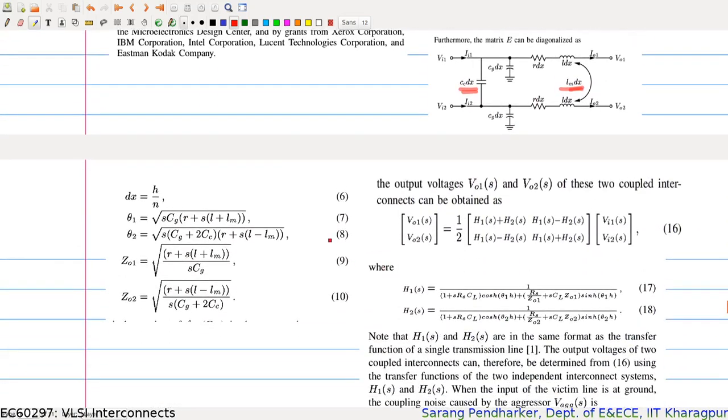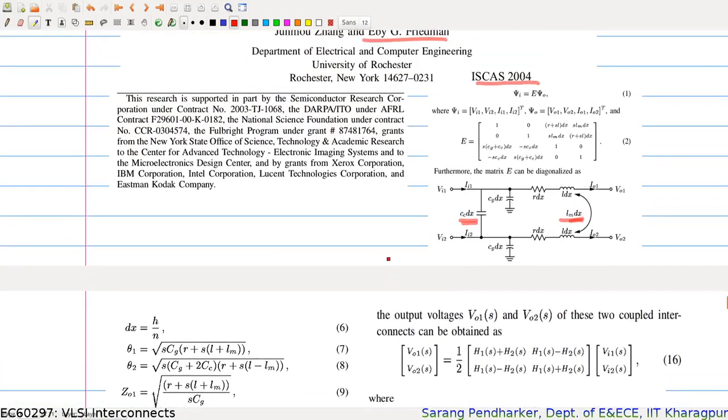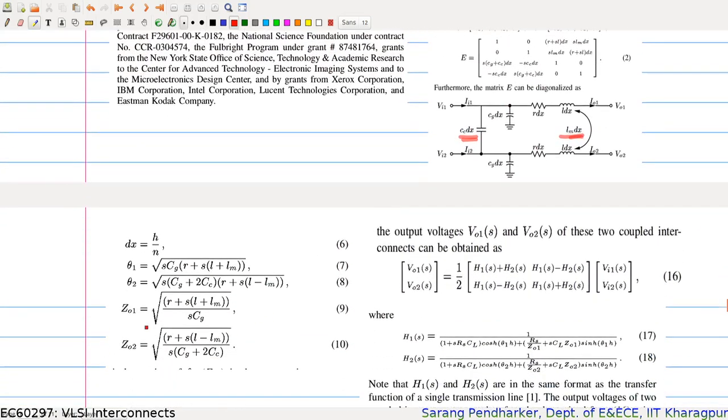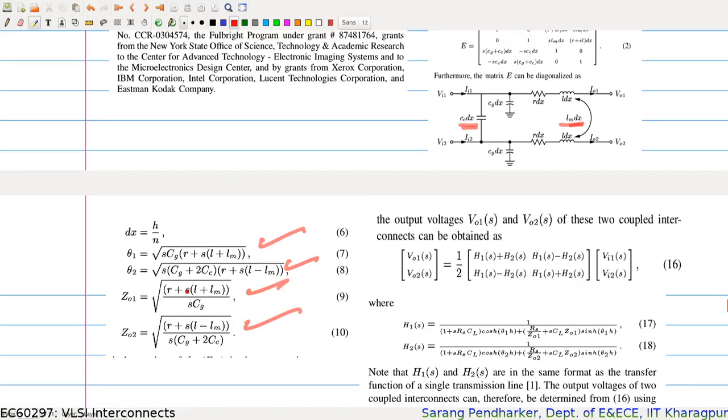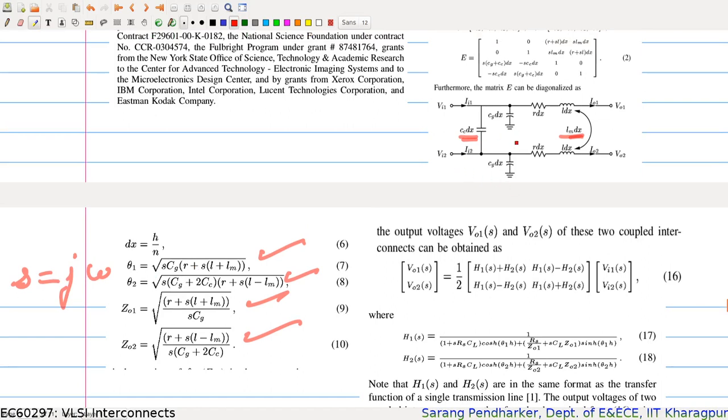In this paper, if you look at the equation, you can see this type of equations. So theta 1, theta 2, we have derived these equations, right? In terms of S equal to j omega, so S C is j omega into C, right?